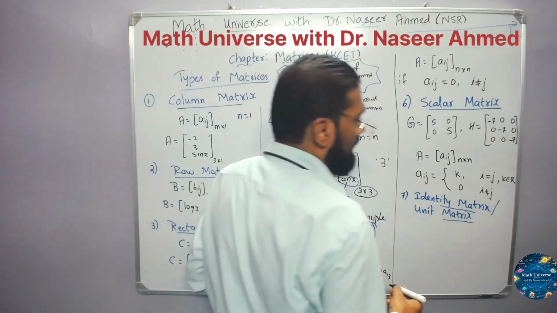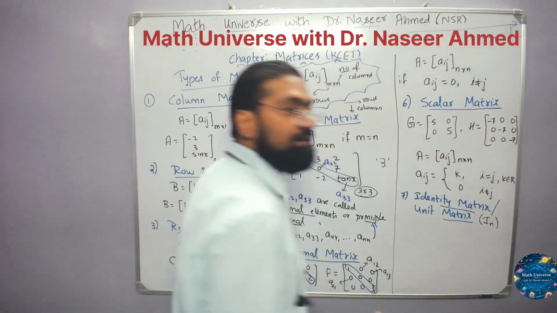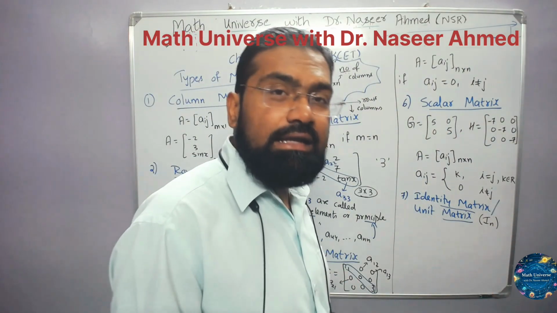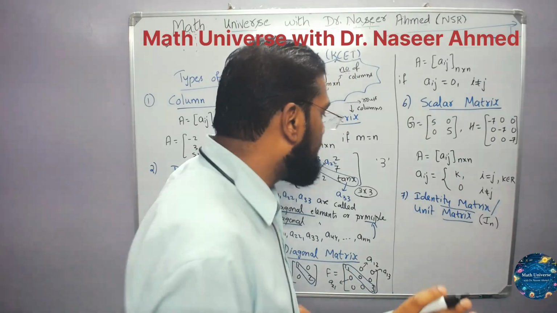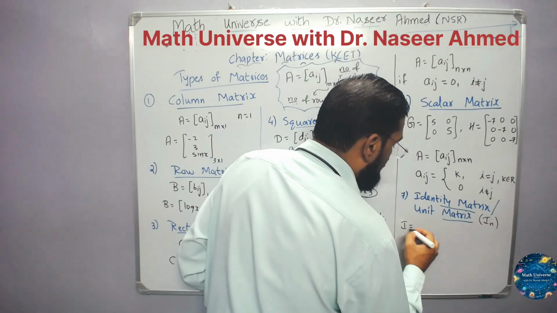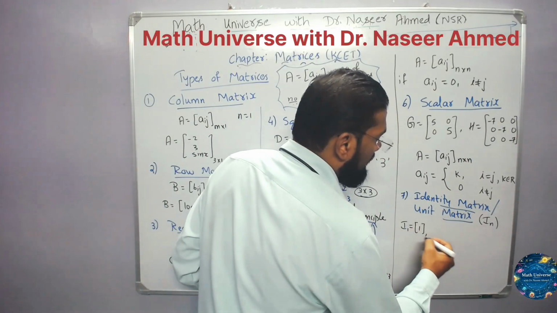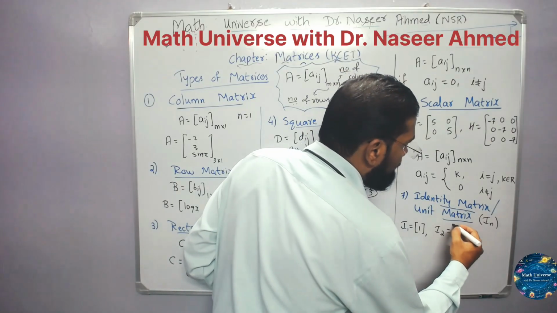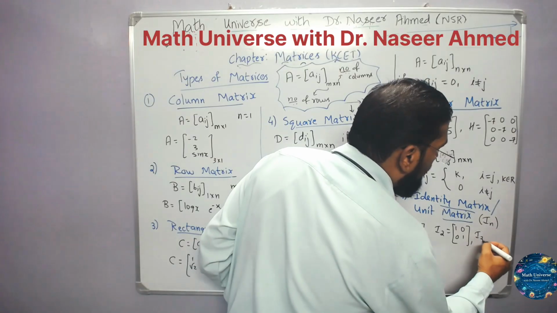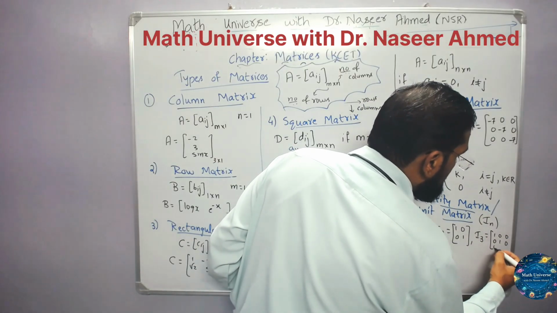It is a square matrix denoted by I, with a suffix representing the order of the identity matrix, in which non-diagonal elements are zeros and diagonal elements are always equal to 1. So the identity matrix of order 1 will be only this. Identity matrix of order 2: 1 0 0 1. Identity matrix of order 3: 1 0 0, 0 1 0, 0 0 1.